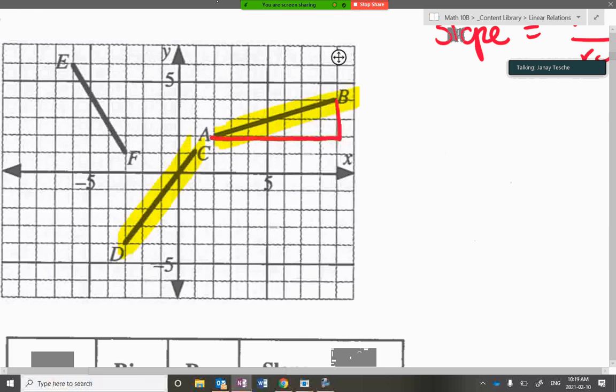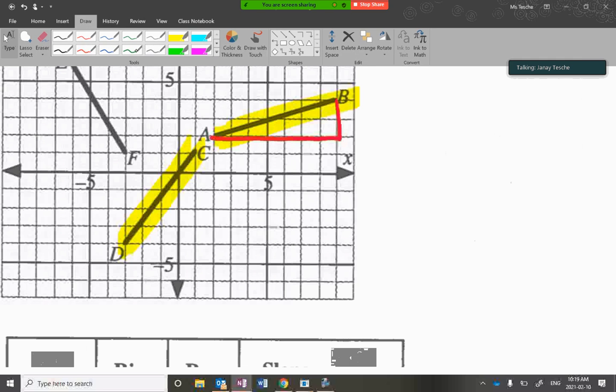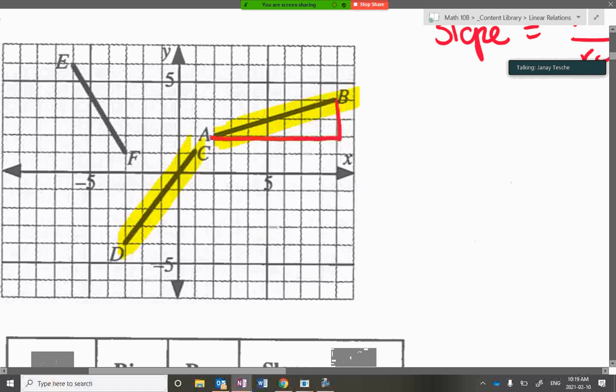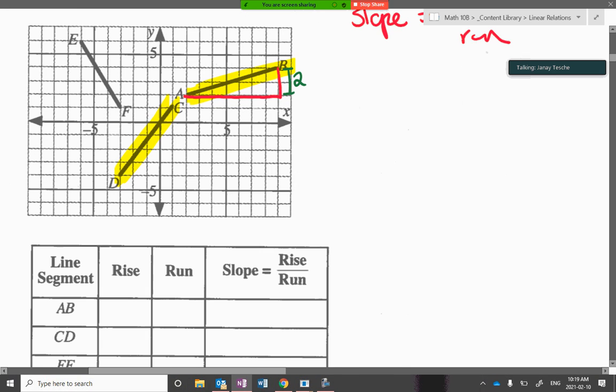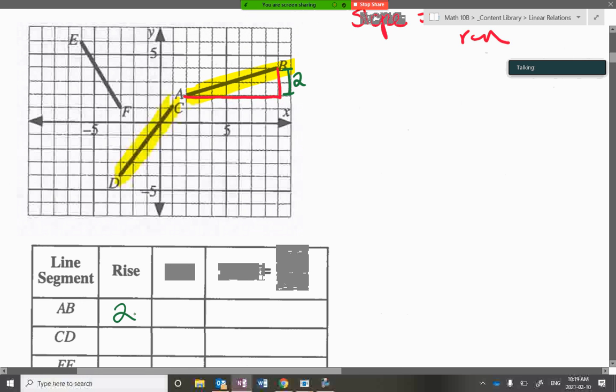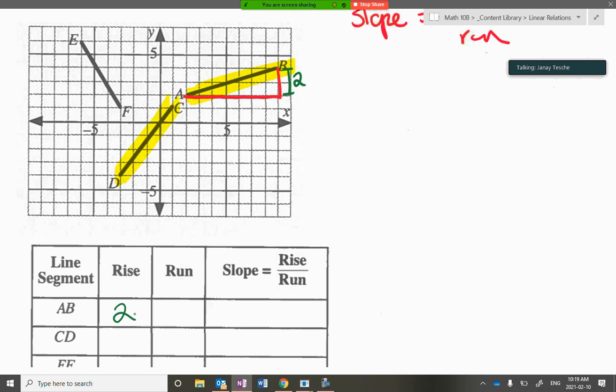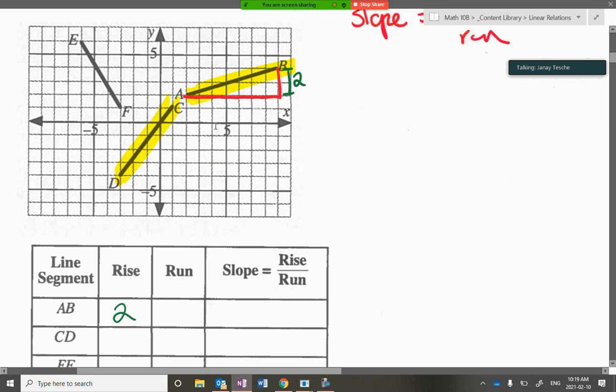So let's go and calculate the slope of line AB. All you're doing is literally counting the boxes. We would call the boxes our units. So going upwards, I have literally a distance of 2 units. So our rise for line AB would be 2. Count the run. Let's all make sure we can count.